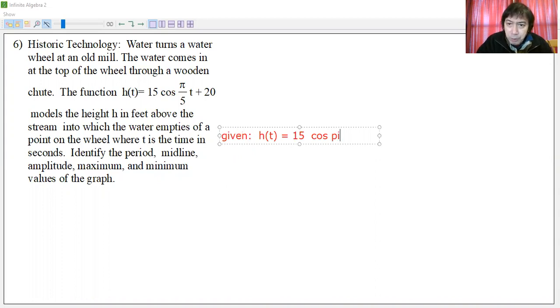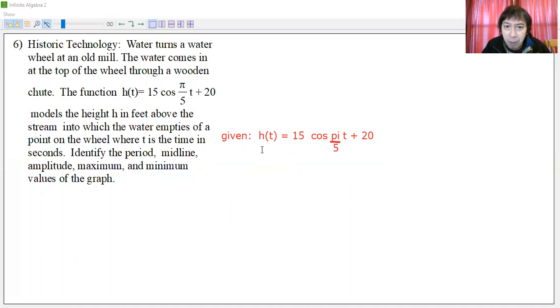So pi, I will just write the word pi over 5. Okay, we don't have a Greek letter in my keyboard, so that's pi over 5, and then continue with the variable t plus 20. 20 is the midline. Okay, that's the vertical translation. Okay, this will have a divide symbol there. That's pi over 5. There.